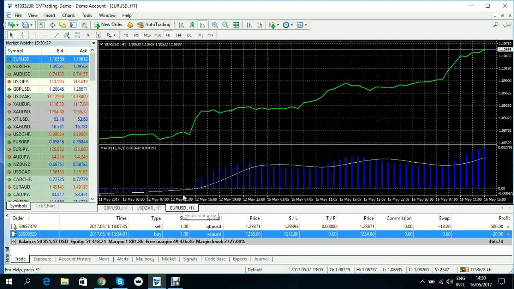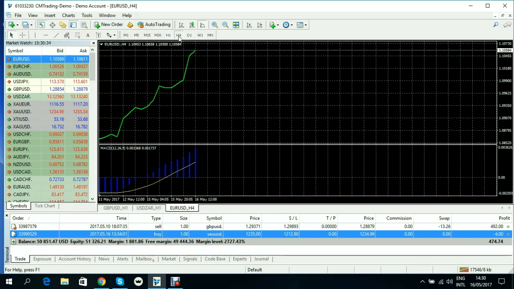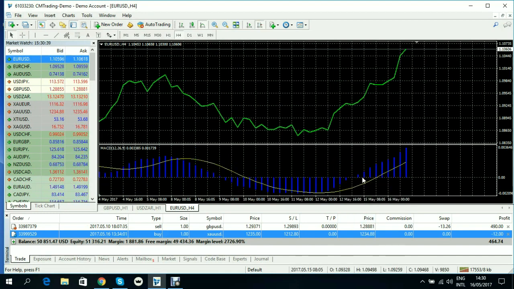And it's obvious that it will start from the lower time frames before even showing on the longer time frame.